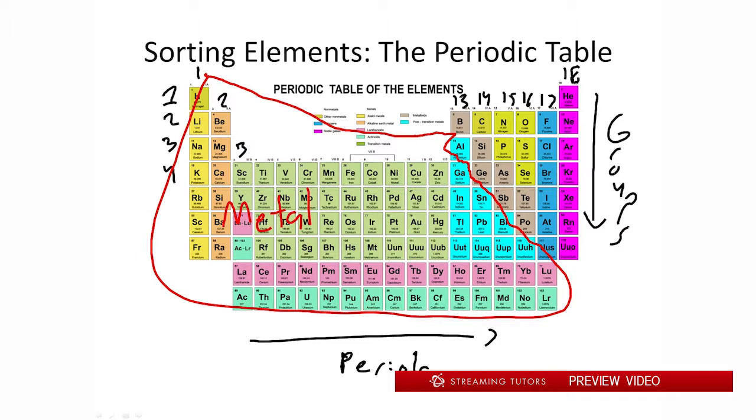On this staircase right here, let me do it in green, anything that's touching this staircase, so that's boron, silicon, arsenic, up to aluminum, is what's known as a semi-metal. And then everything else on the right side, I'll do that in yellow, is what's known as our non-metals. So these three different types of materials all have different properties, which we'll get into now.